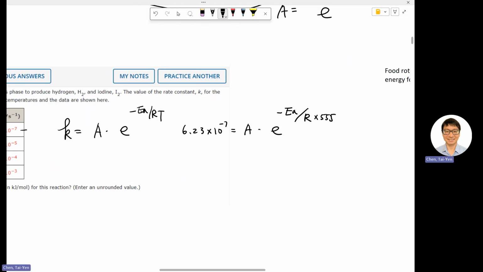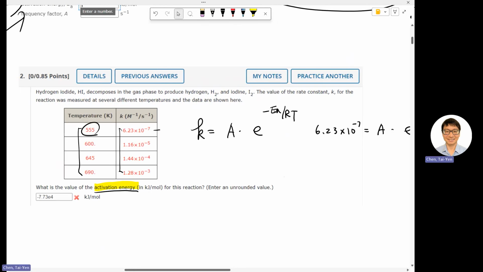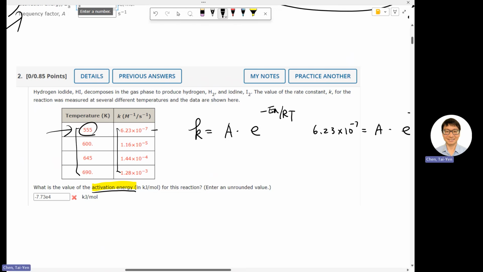When you write out this equation, how many unknowns do you have? Two, right? One is your frequency factor A. The other one is your Ea. So you can write out the equation for this. Then write out the equation for the other data point.